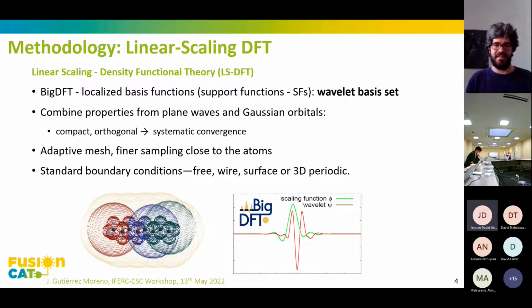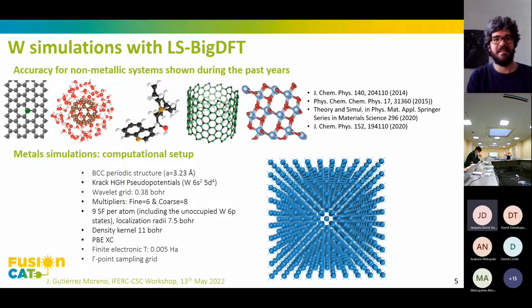We use an adaptive mesh for the system, so we have a finer mesh closer to the center of the atom, and then a looser mesh farther away. And we can use this basis set to simulate any boundary condition or any geometry. So we can use it for freestanding molecules or clusters, wires, surfaces, and also three-dimensional periodic systems like crystals.